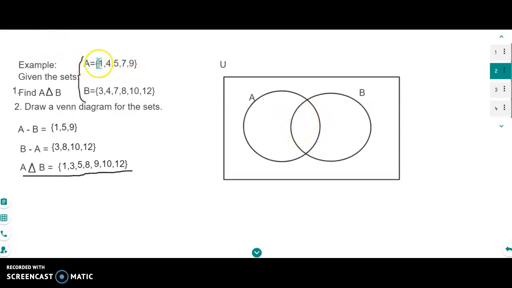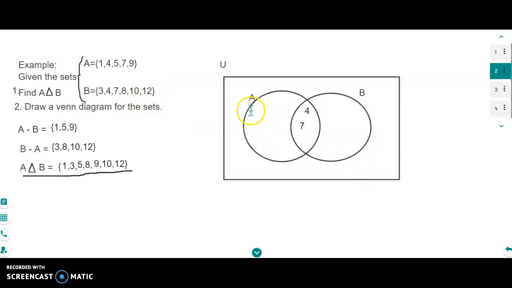What elements do we have in common between A and B? 4 is in both sets, so we write 4 here. 7 is also in both sets, so we have 7. 9 is not in both sets, 8 is only in B, 10 and 12 only in B, all right? So we only have 4 and 7.